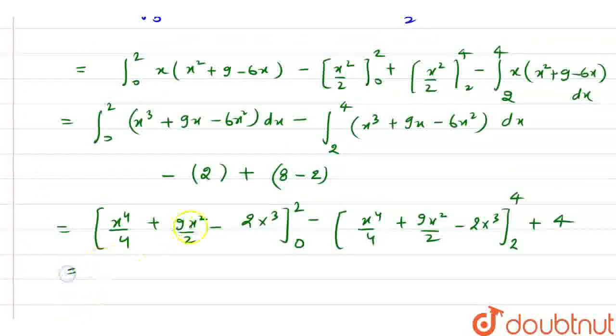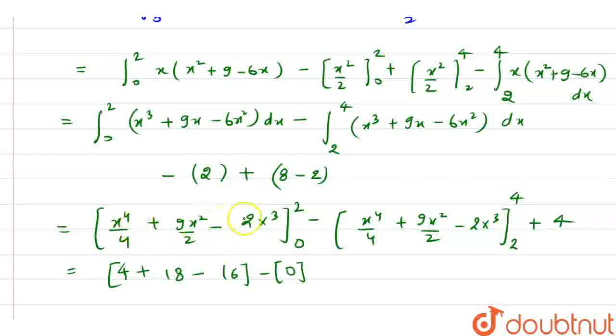If I put the upper limit 2 here, we have 2 to the power 4, 16 by 4, that is 4, plus 2 square is 4, 4 by 2 is 2, 2 into 9 is 18, minus 2 cube is 8, 8 into 2 is 16. Now if I put the lower limit 0 here, we get 0.